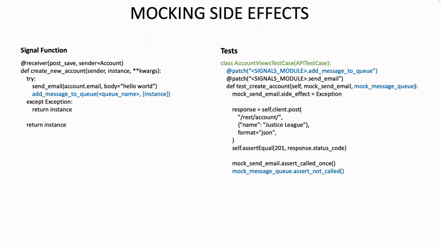And so in our tests, that side effect is actually what we're testing. Basically, we're testing to make sure that send email raises an exception and the mock for message to queue doesn't actually run. And this is how you'd set that up essentially. So I purposely put anything to do with the mock for message queue in blue, just to separate it out.